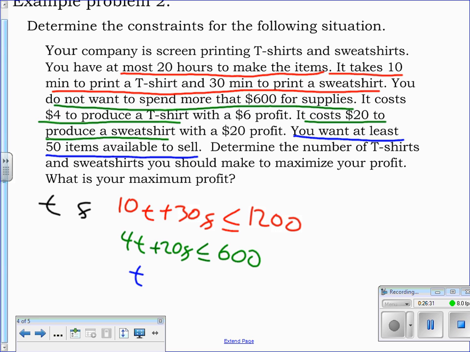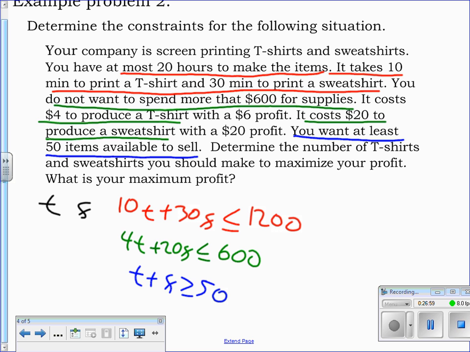That means the number of t-shirts plus the number of sweatshirts must be less than or equal to 50. Or sorry, it must be greater than or equal to 50, because it says at least. Those are my constraints. How much it costs, I only have so much money to spend on materials. I only have so much time to spend doing this. I need to make a minimum number of items.